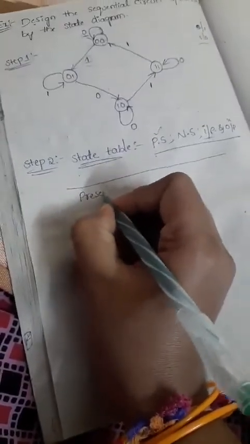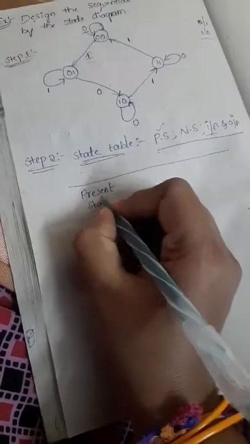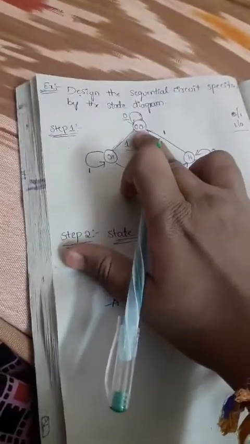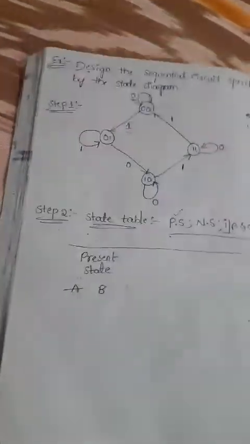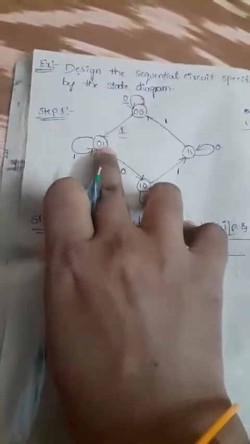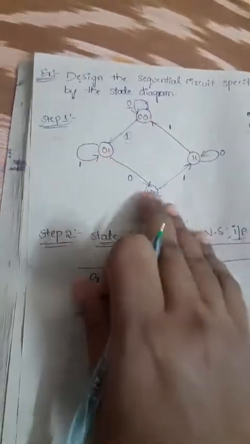First I consider the present state. I can consider this present state as AB, because each circle, each state, consists of two pieces of information, like 00, 01, 10, 11.